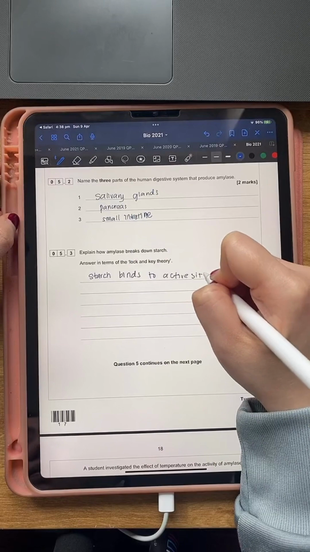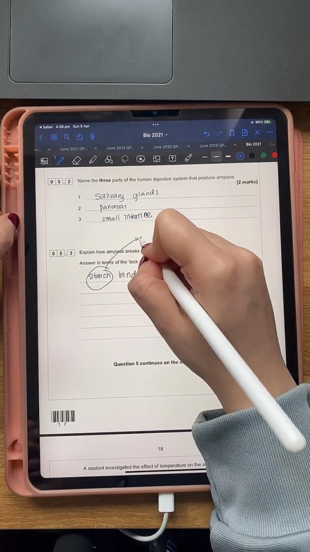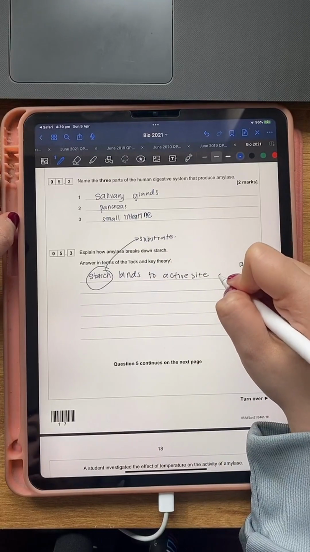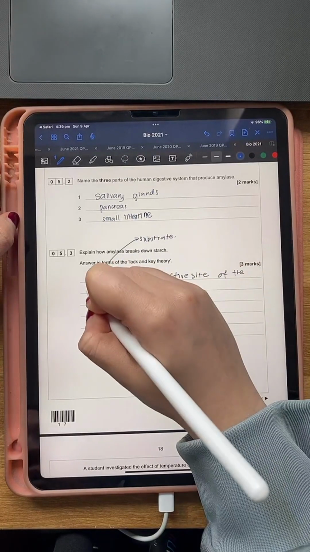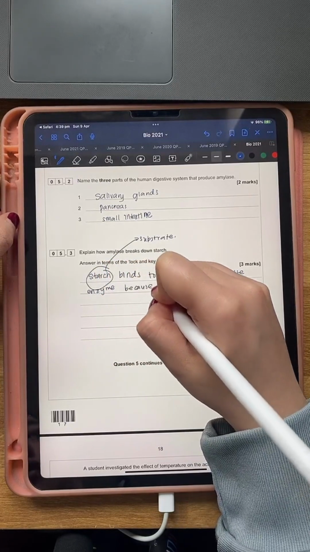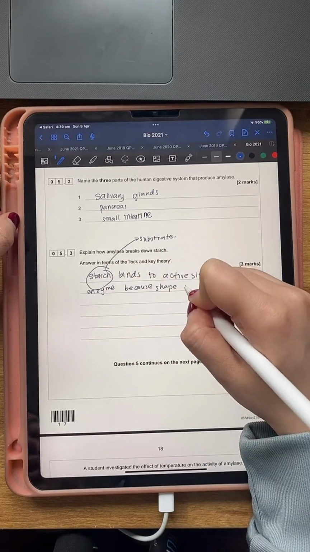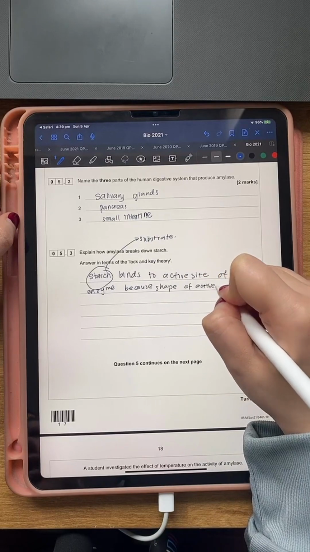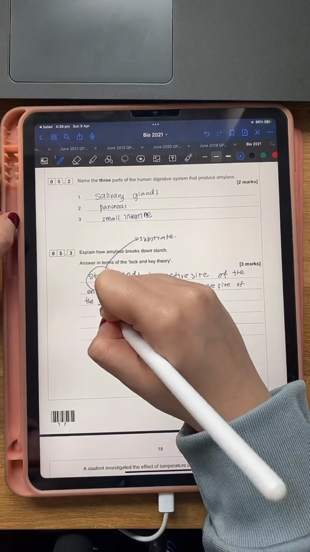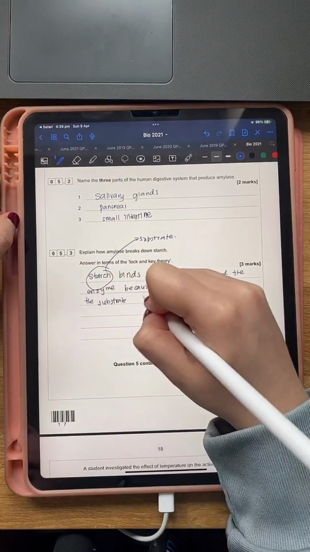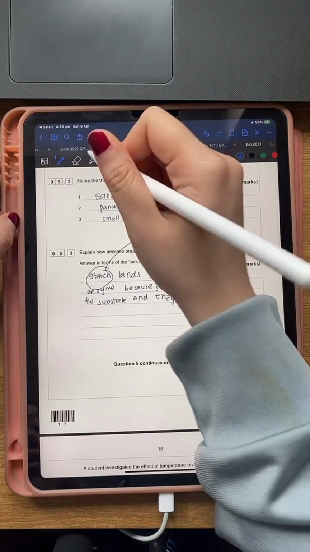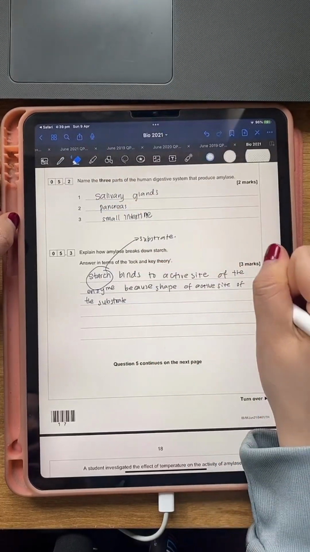Because the shape of the active site and the substrate are complementary, they fit together like a lock and a key.